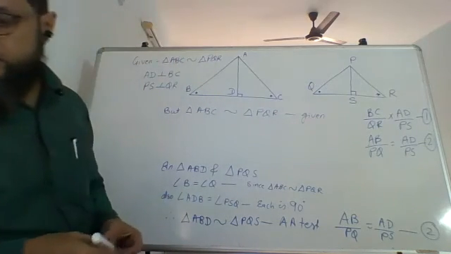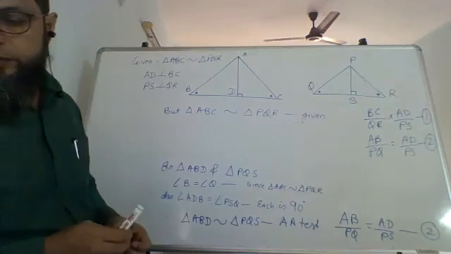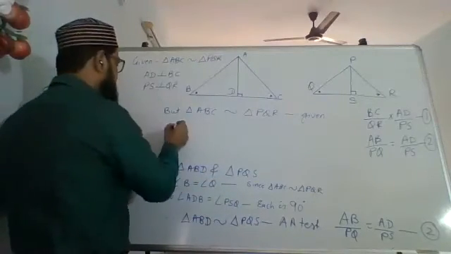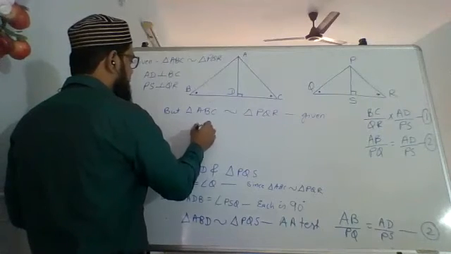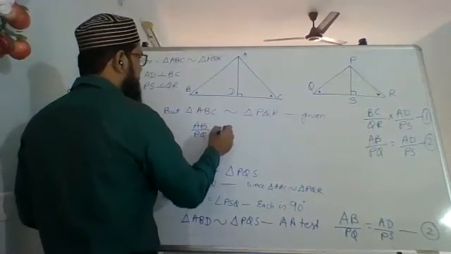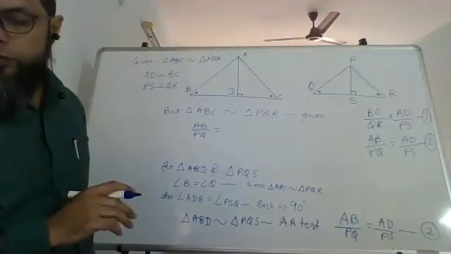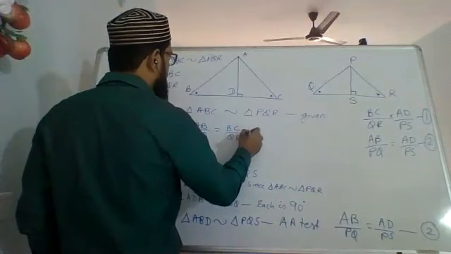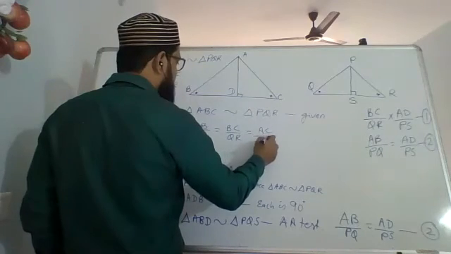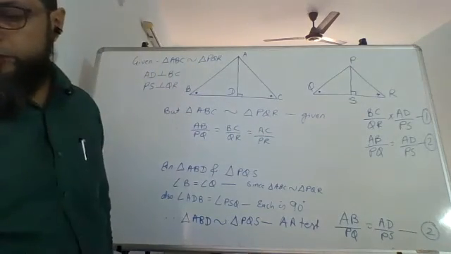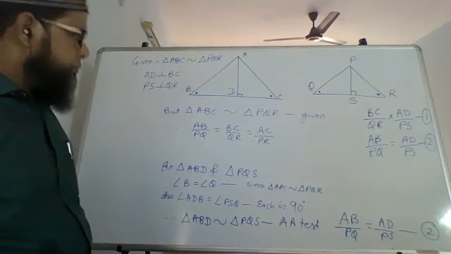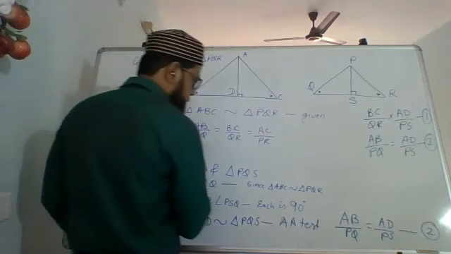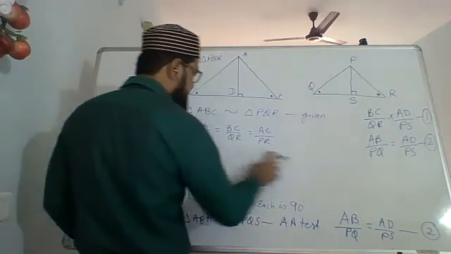Therefore, if the triangles are similar, AB upon PQ equals to BC upon QR equals to AC upon PR, because the triangles are similar, that is given to us.